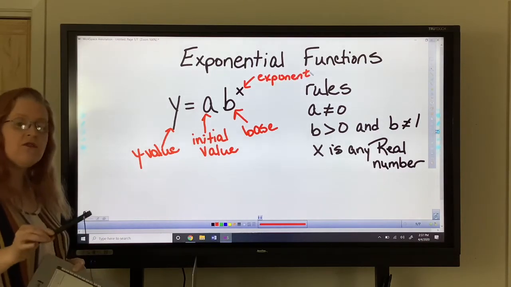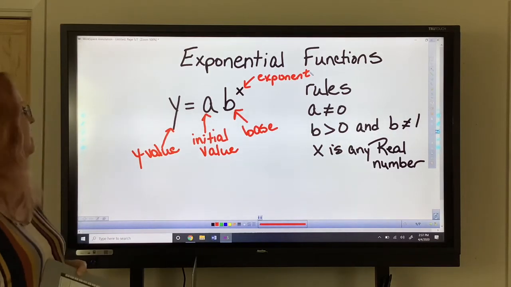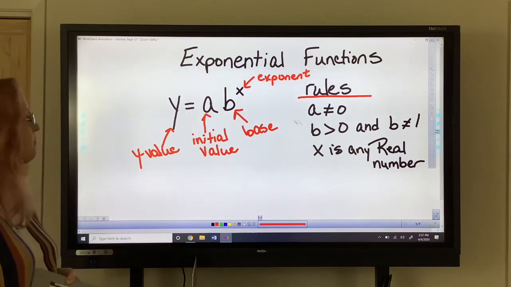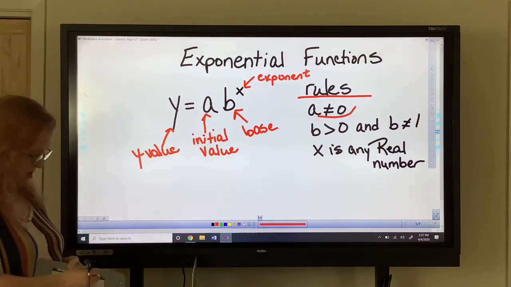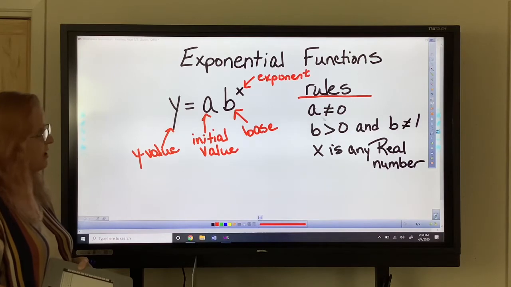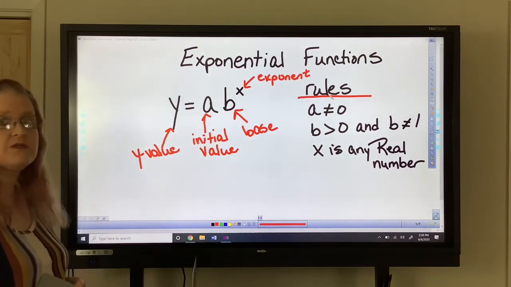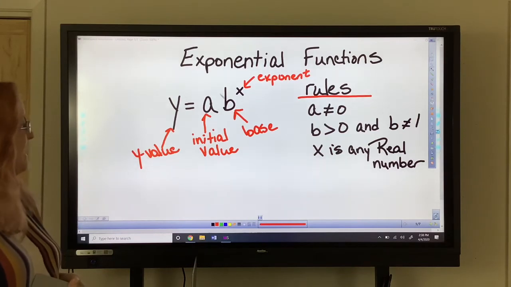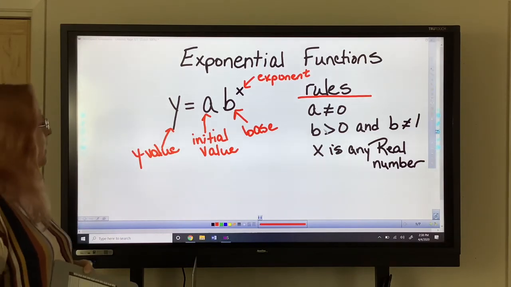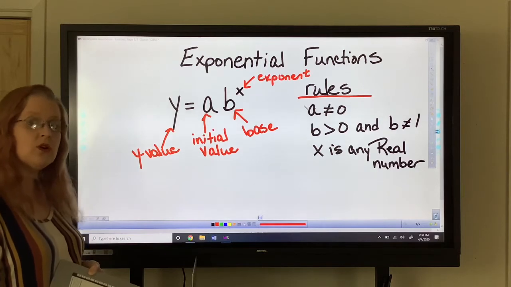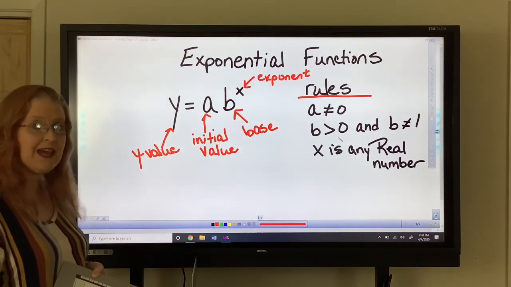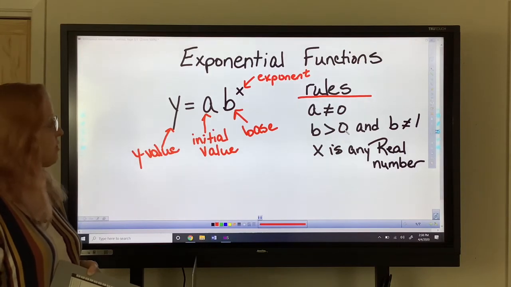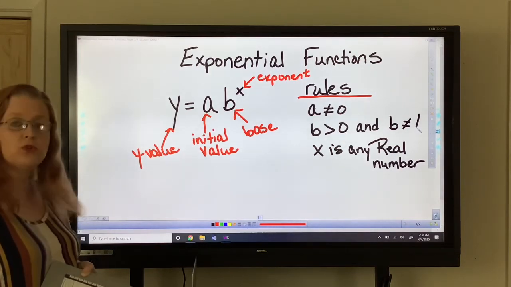And so for an equation to be an exponential function, it has to follow these certain rules. Your initial value cannot be 0, okay? It cannot start out with 0, because if you start out with nothing, you have nothing. And then your base, your b value, which will eventually be your growth or your decay value, has to be greater than 0, but not equal to 1.